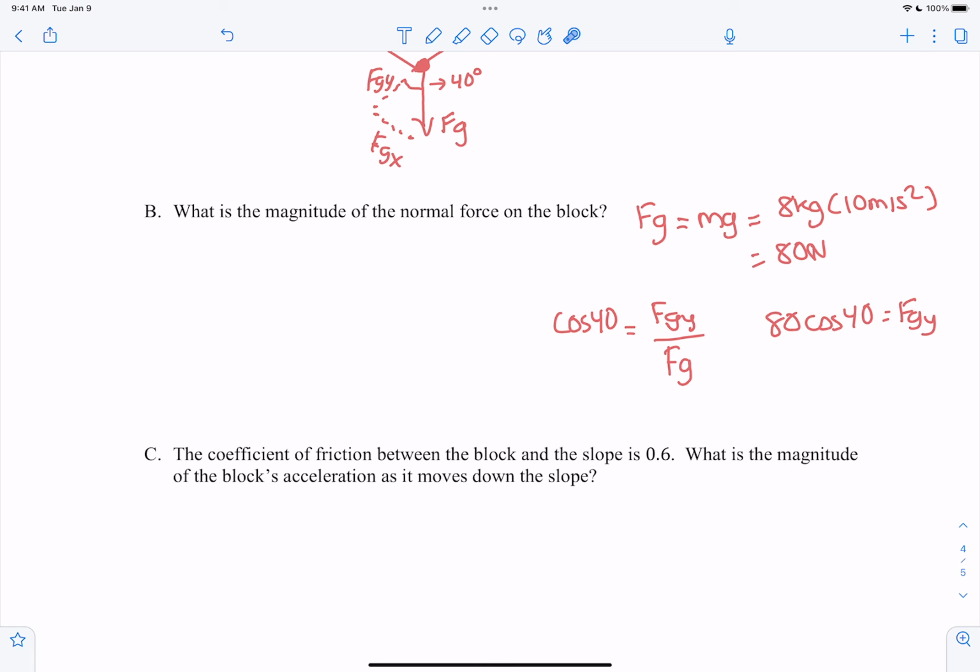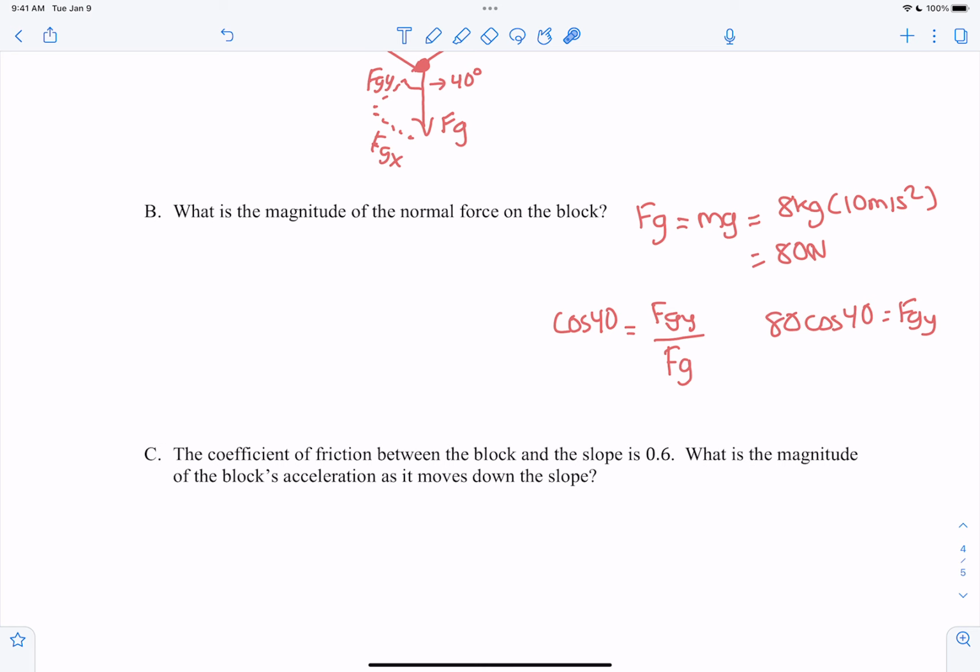Once again, I don't have my calculator, so please someone let me know what you got for 80 cosine 40. I think it should be around, no, never mind. 61.28.